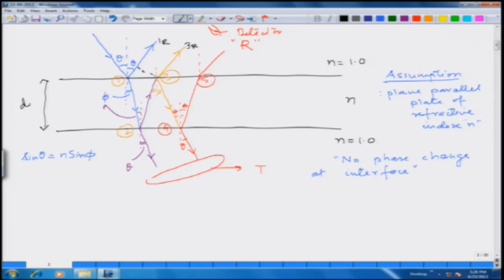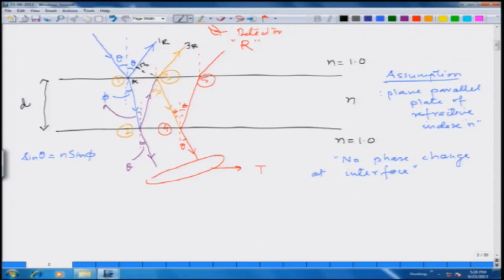So, this ray has moved from this point A to B. If I look at it far away at some time t, in the same time the one which was refracted has gone to 2 and come back to 3.